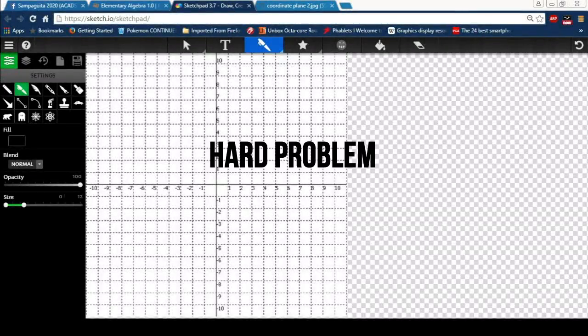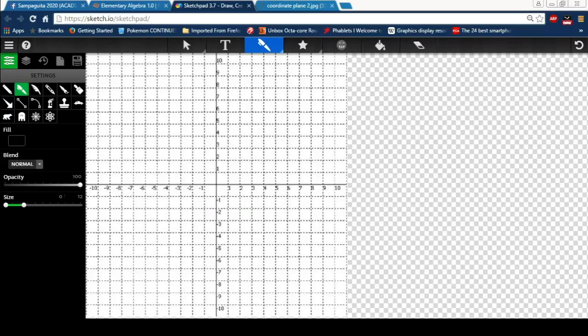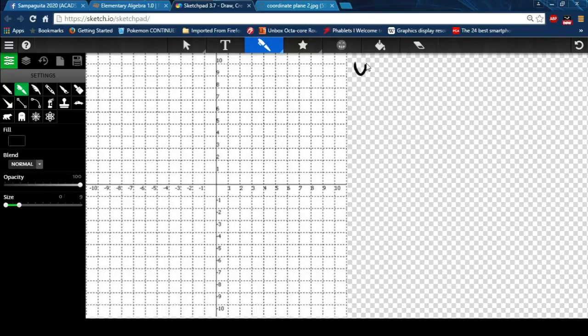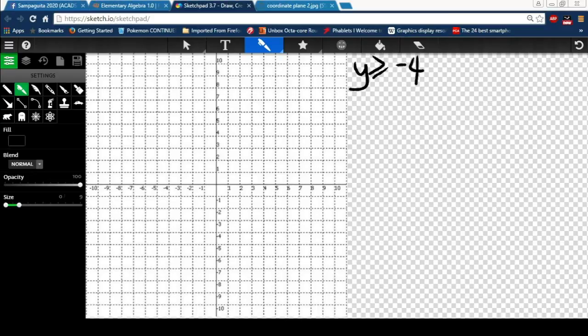Now our hard problem. The hard problem is: graph the solution set of y is greater than or equal to -4. Let me write it down real quick. y is greater than or equal to -4. y is less than x plus 3.